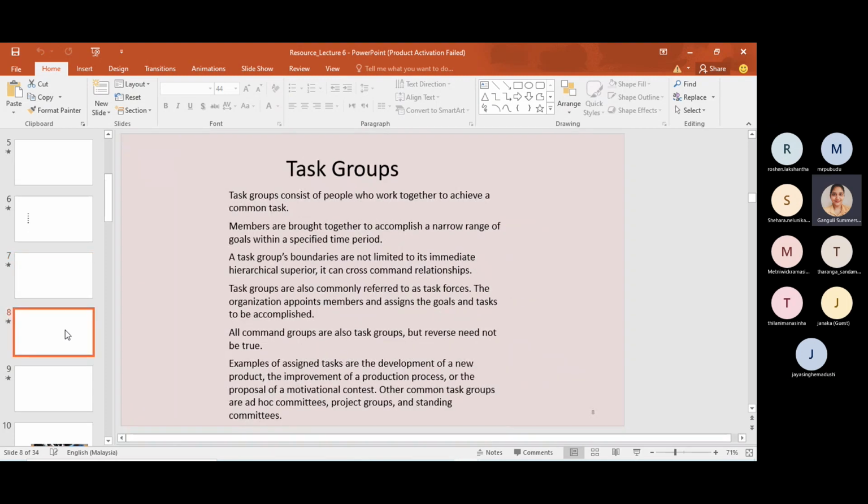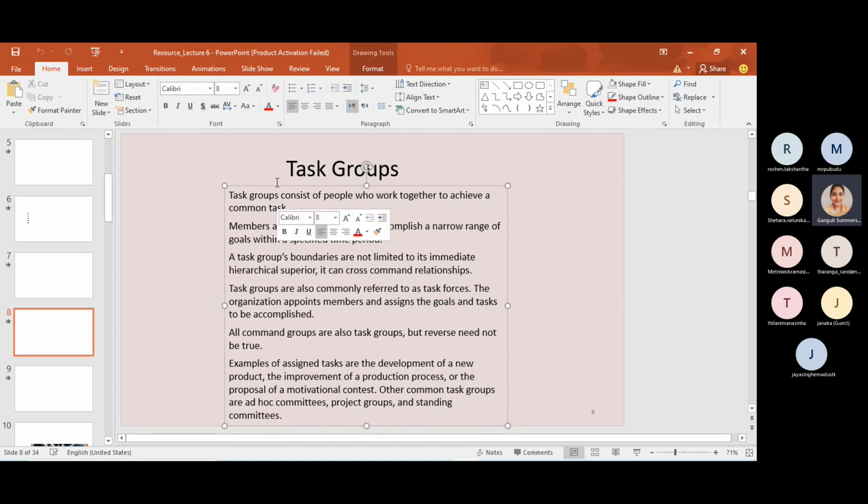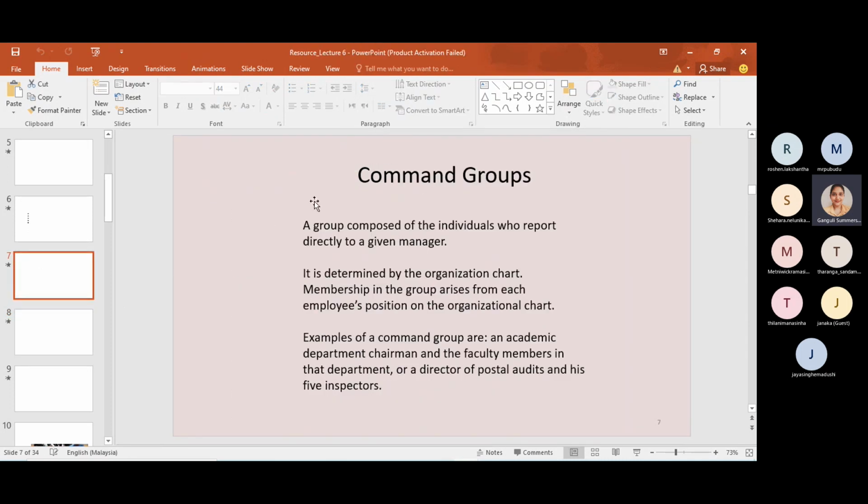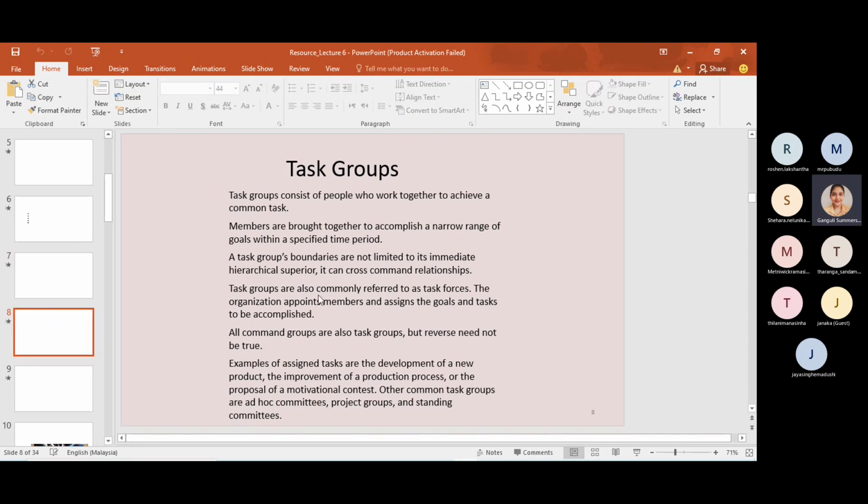You can see there is a difference, because there are no immediate supervisors or superiors in task groups. So we cannot consider all task groups as command groups, but all command groups are also task groups.